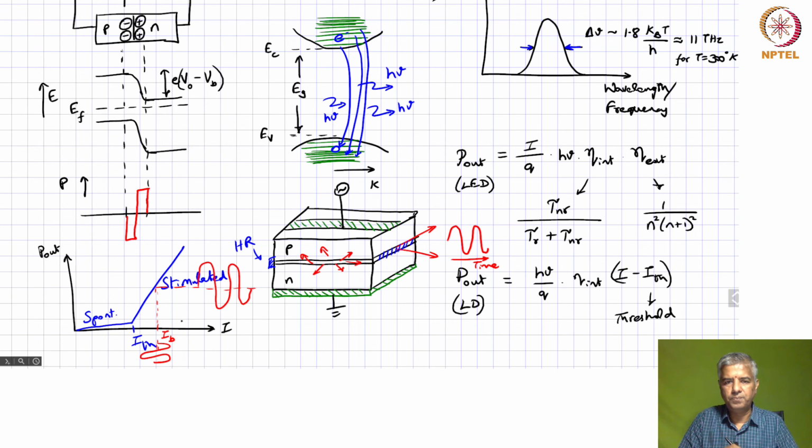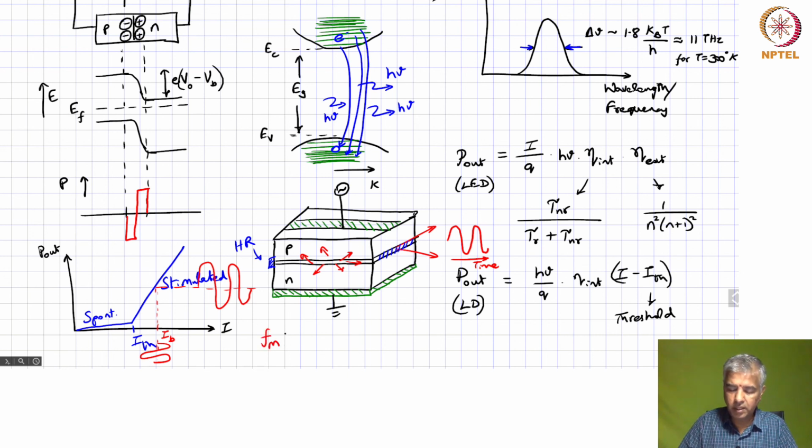So you can modulate the output power by modulating the injection current as far as the semiconductor light source is concerned. Of course, you can do that with an LED also, but in an LED you would operate below threshold and be modulating around this. The question is, what is the maximum frequency with which you can modulate? That frequency is what is called the modulation frequency, FM.